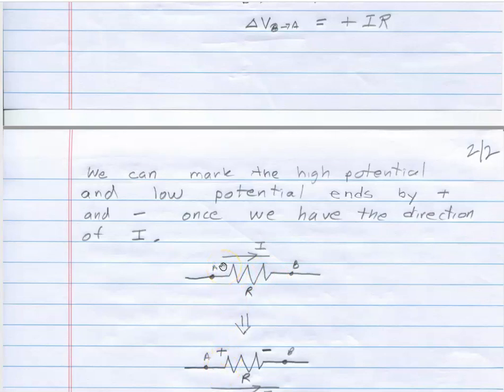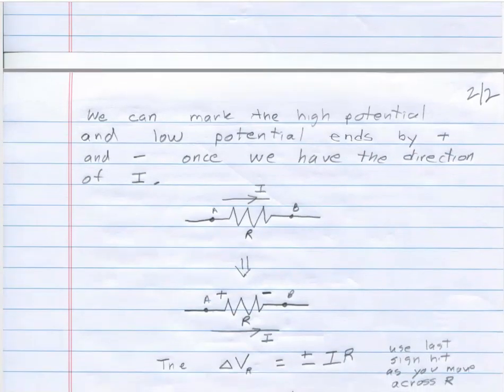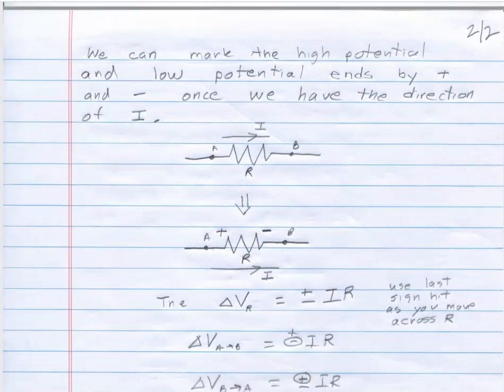Remember, current naturally flows from high potential to low potential, and so the high potential side of the resistor, based on the direction that I is going, I assign as positive, and I put a little minus sign on the low potential side. And we'll use that convention.